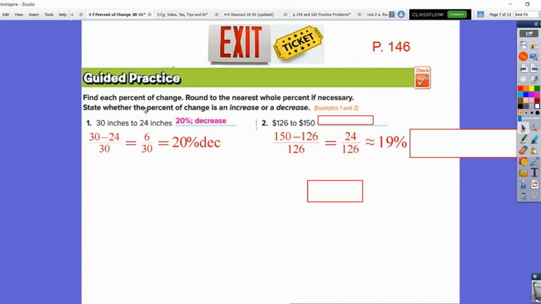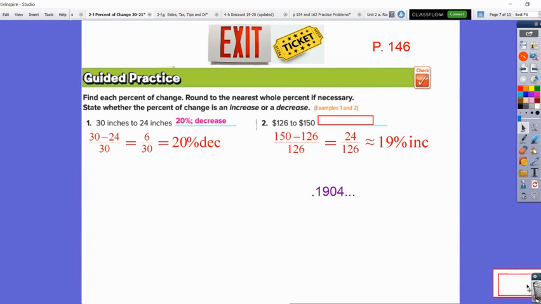But we're rounding to the nearest whole percent, so that rounds to 19%. And this is an increase because it went from 126 to 150. So it's a 19% increase.